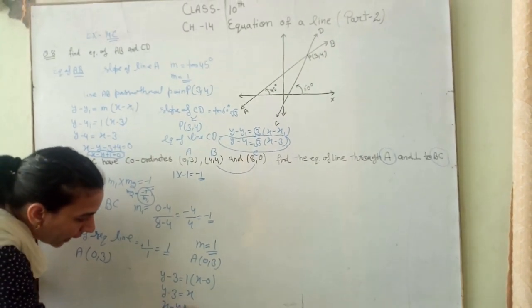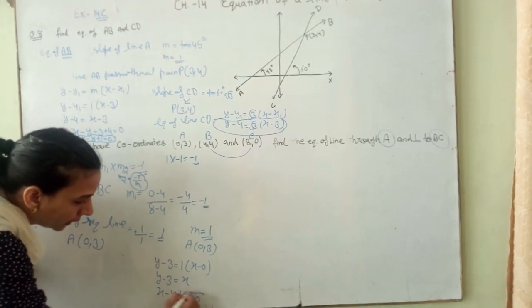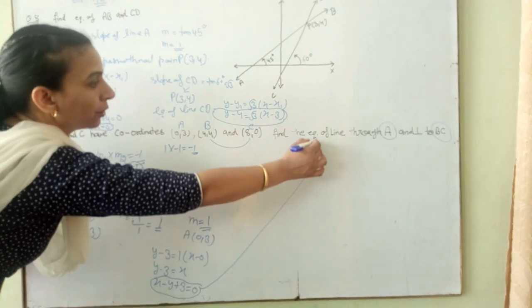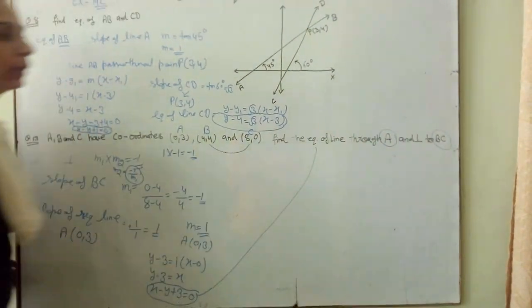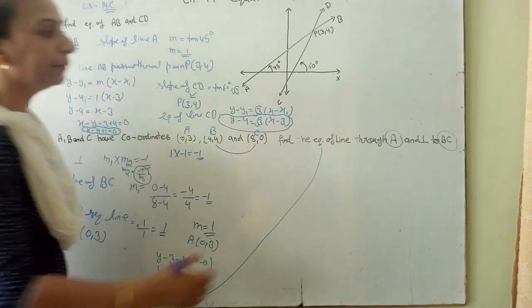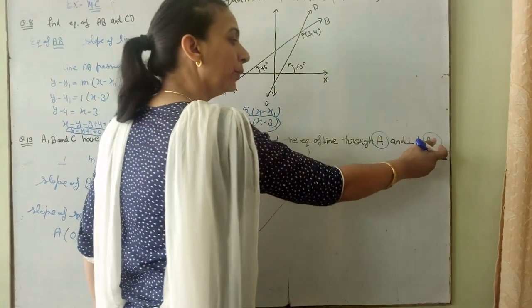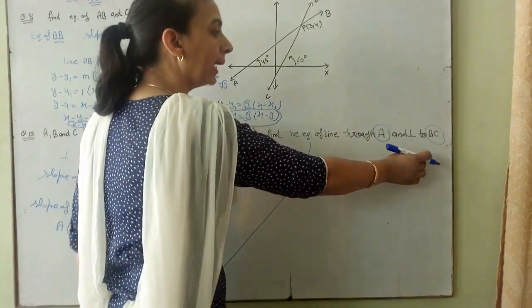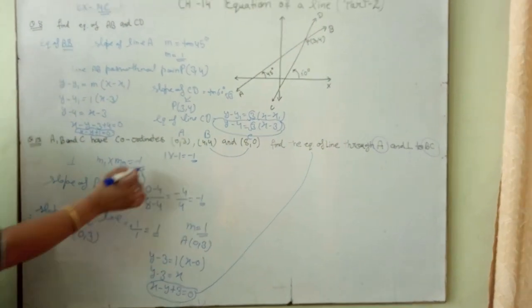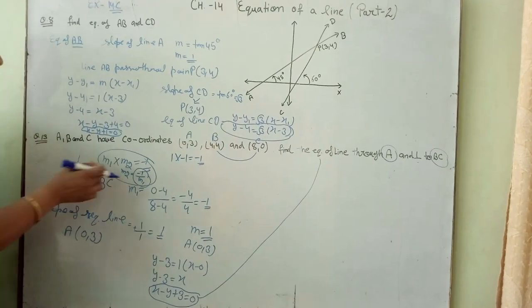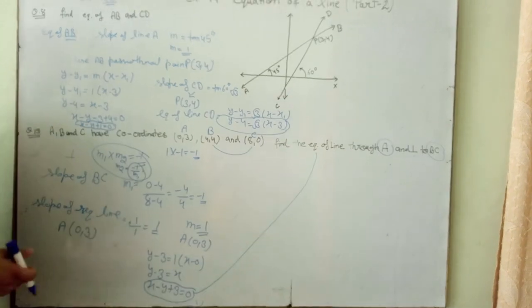X minus y plus 3 equals 0. Then we have the equation of the required line passing through A and perpendicular to BC. Students, if the lines are parallel, then we use the same slope. If perpendicular, then we find the slope of the second line by this method. Clear?